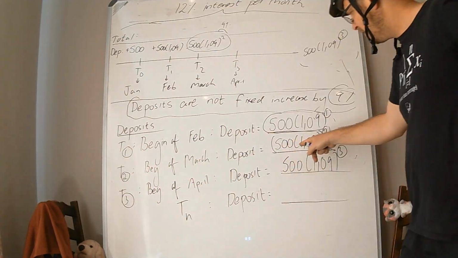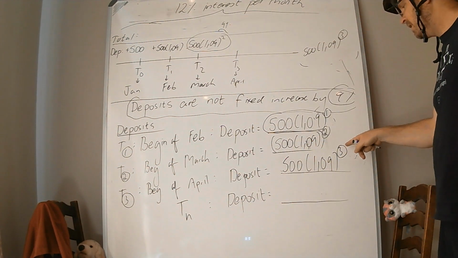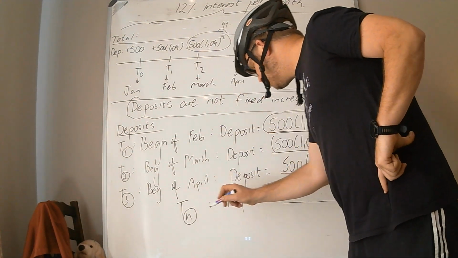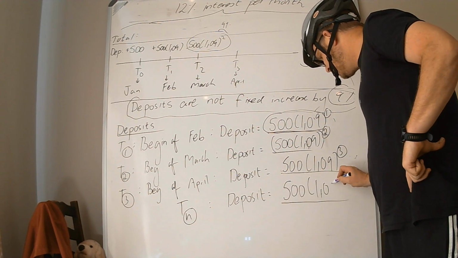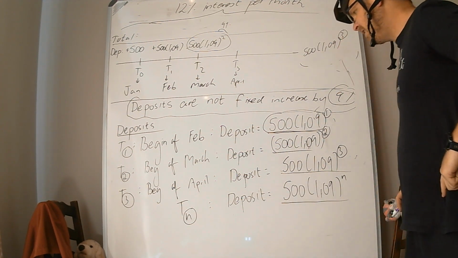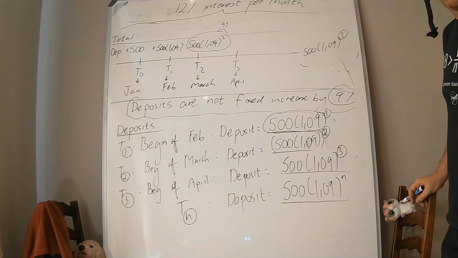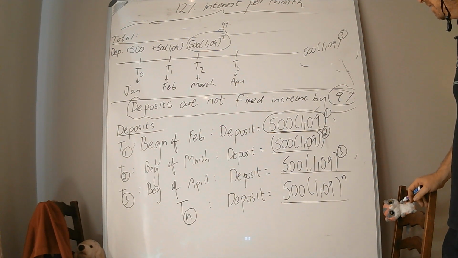T2, 500 times 1,09 squared. T3, 500 times 1,09 cubed. So what's it going to be at Tn? Your deposit is going to be 500 times 1,09 to the n, because they're increasing by 9% throughout this question.